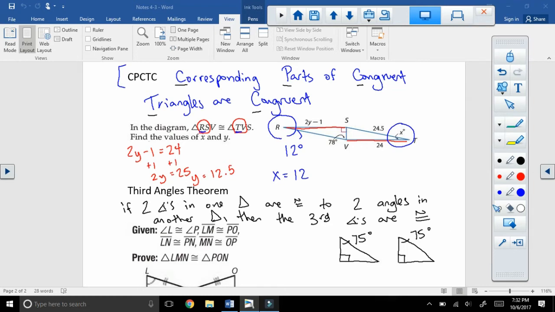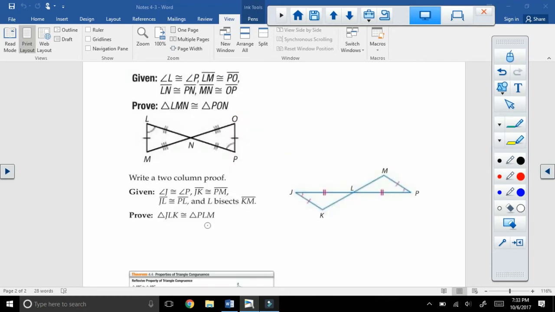What that would mean is that these two angles are automatically congruent, because every triangle is going to add up to be 180, and if these two add up to be the same as those two, that means the third angles are congruent to each other. And you'll see how this works when I do the next couple of proofs. But the reason in the proof would be the third angles theorem. Lastly, let's do a couple examples of these.